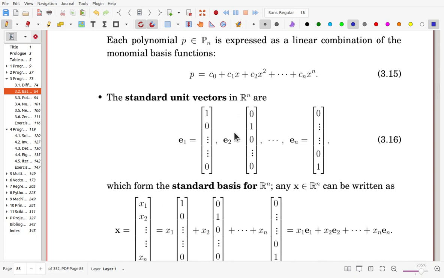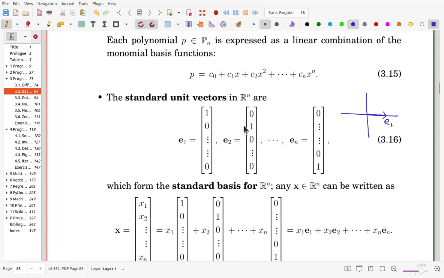In Rn, we define E1 as the first direction: the first component is 1, everything else is 0. If you consider R2, where n is 2, then you can visualize it here. Now (1, 0) is E1, in the x direction.